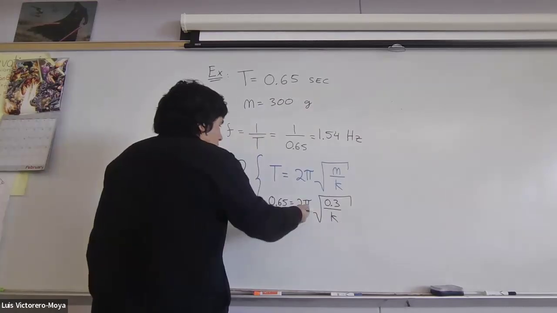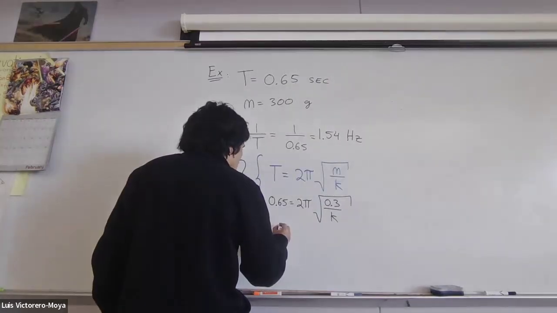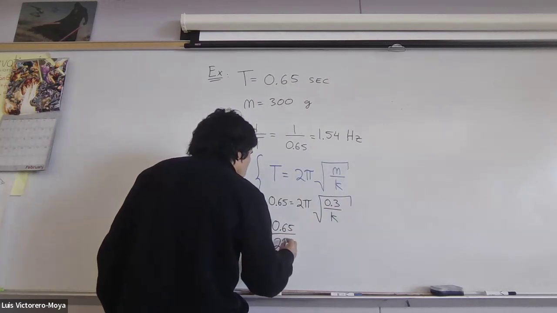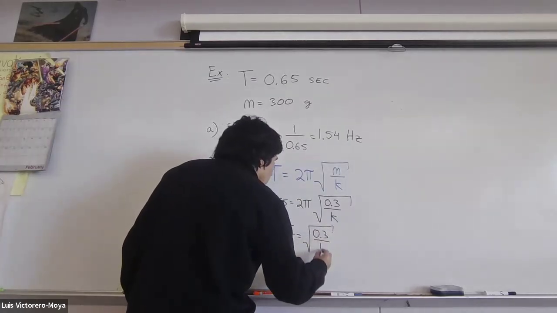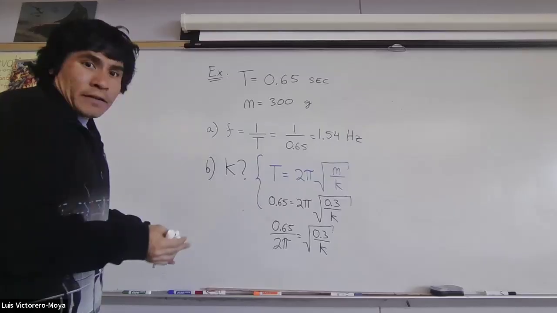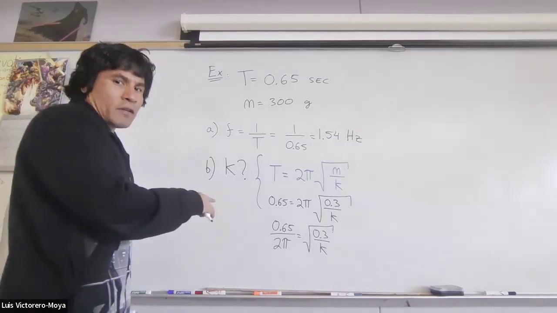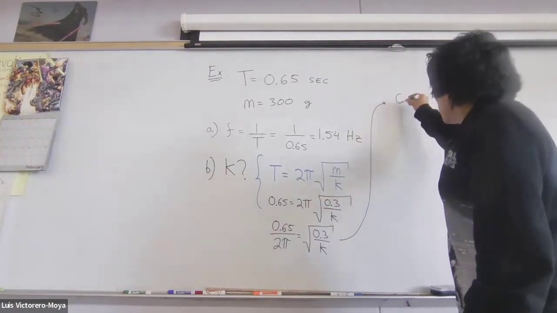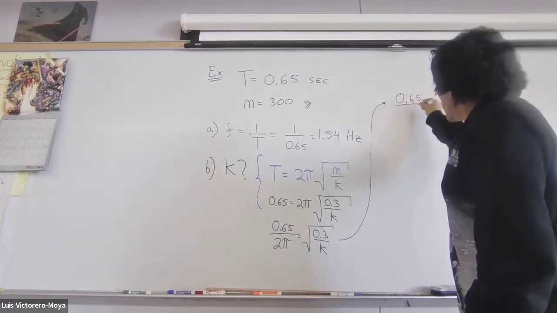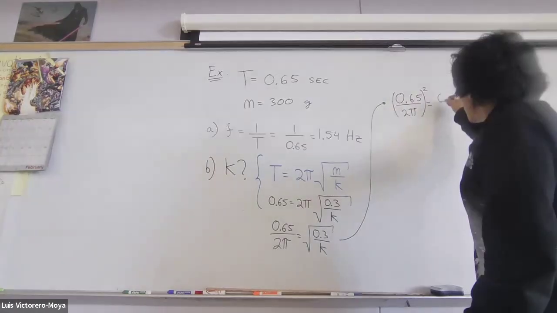So we divide by 2 pi, we square it. So basically, you have 0.65 over 2 pi equals the square root of 0.3 over k. I want to square this. I get 0.65 over 2 pi all squared, equal to 0.3 over k.